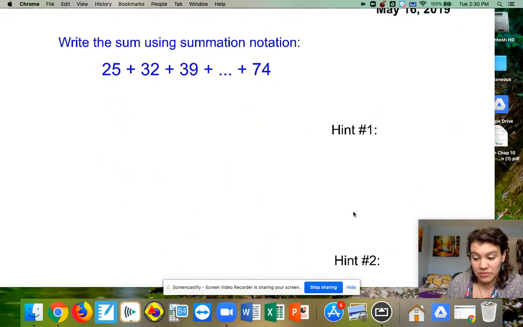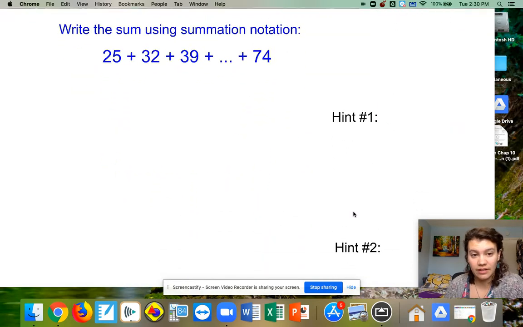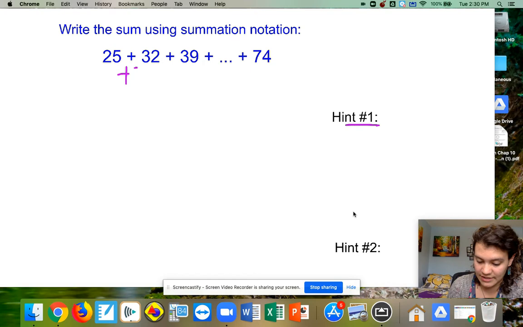So then writing them out. Here we're given a sum or a series, and we want to figure out what the formula is. So hint number 1 is we need to figure out the explicit formula first. To go from 25 to 32, you add 7. To go from 32 to 39, you add 7.